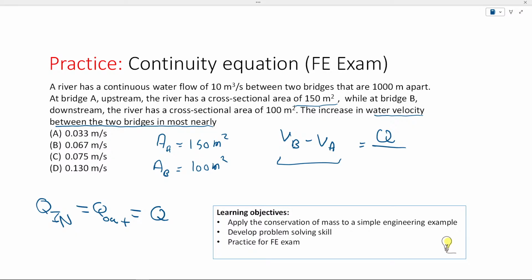That's Q over AB minus Q over A, and Q is given as 10 meter per second. So you just substitute: 10 over this area, 100, minus 10 over 150, and then if you solve this, you'll get a number, and that would be the increase in water velocity between the two bridges.